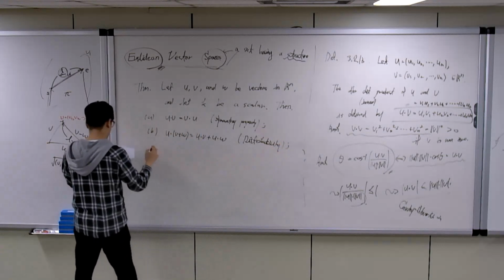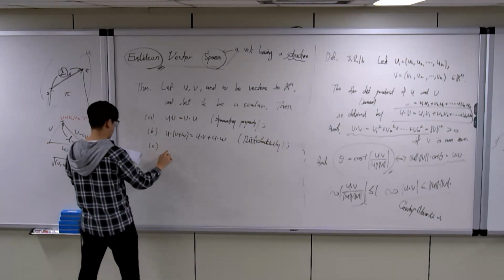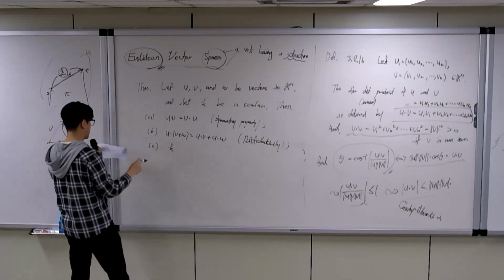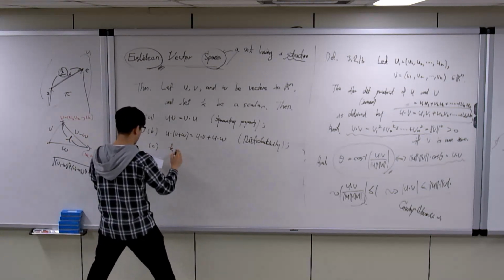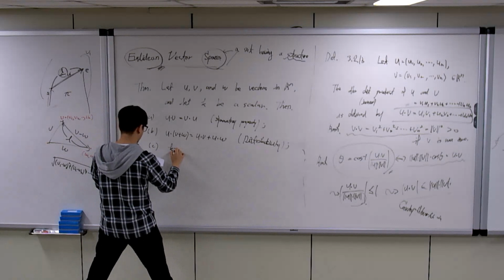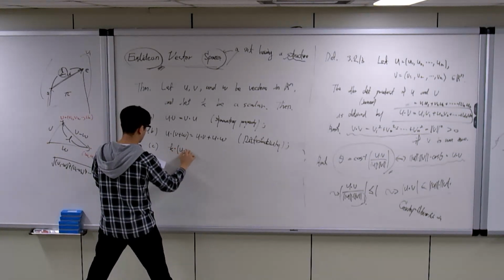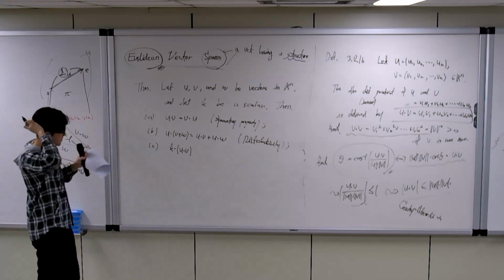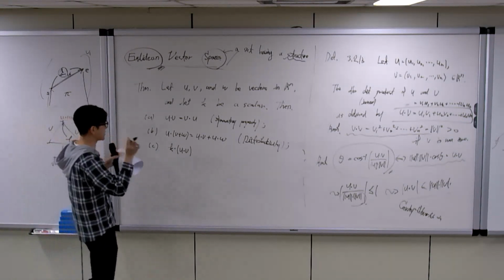And the next is called homogeneity. However, I think it is similar to compatibility or the associative rule.